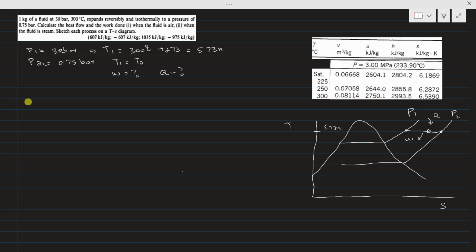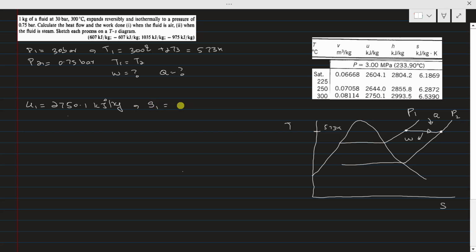You can just write here: U1 is 2750.1 kilojoule per kg, and the entropy S1 is 6.539 kilojoule per kg Kelvin. Remember, our state points 1 and 2 both lie in the superheated region.